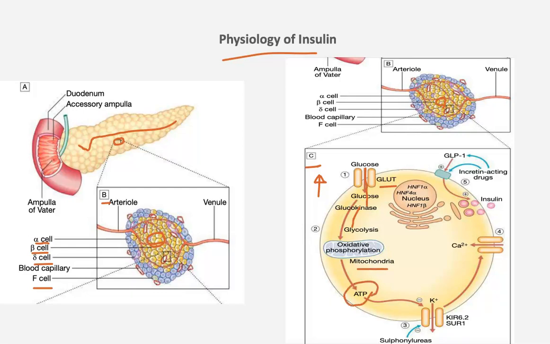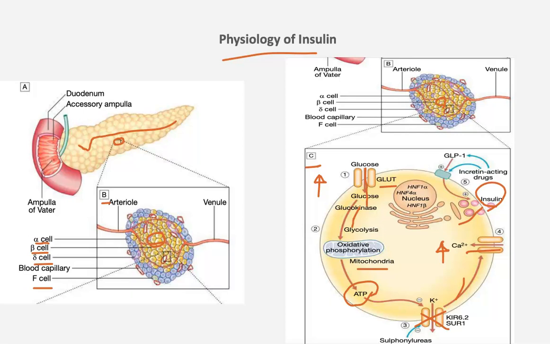ATP acts to close the potassium channel, which leads to membrane depolarization and a rise in membrane potential. This results in calcium influx due to opening of the voltage-gated calcium channel, and the rise in intracellular calcium causes insulin secretory vesicles to fuse with the cell membrane, finally leading to insulin secretion.